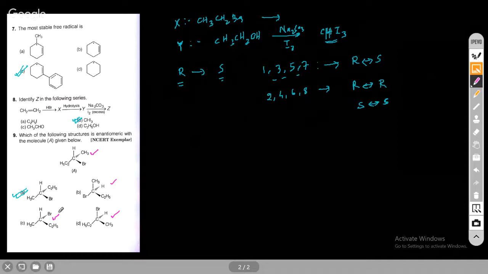Why they are diastereomers? Why they are diastereomers? Saimir and Ritvik.